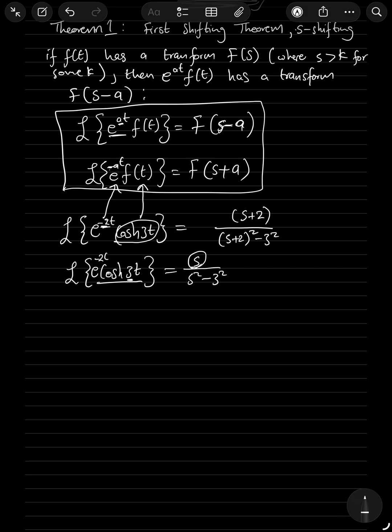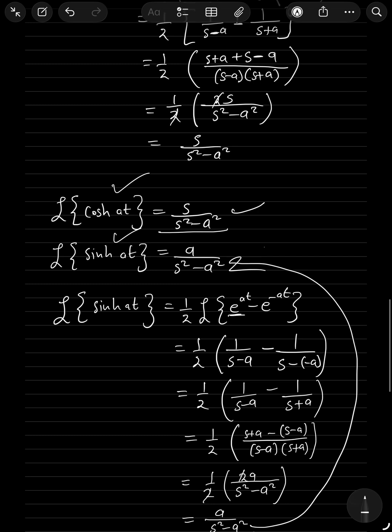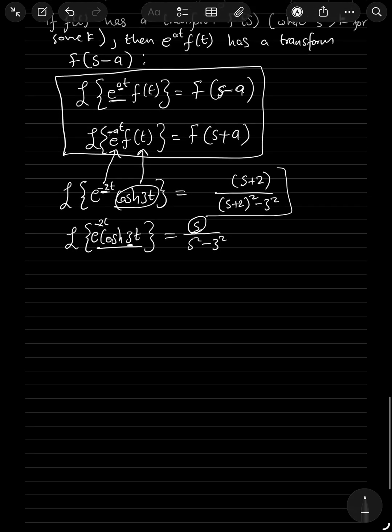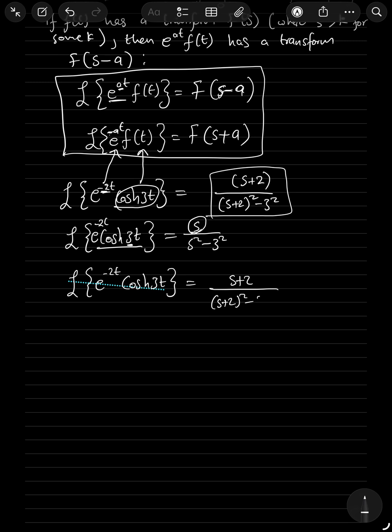And remember, this one is squared according to the Laplace transform for this hyperbolic function. So this is how you can evaluate the Laplace transform of e to the minus 2t cos 3t. So this is going to be s plus 2 over s plus 2 squared minus 3 squared. So that's it.